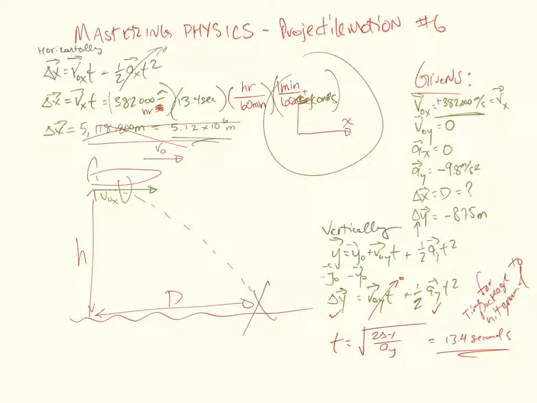And if you notice now, my units work out: seconds, minutes, hours, and then I'll get an answer in meters. So it's actually going to be 382.123 times 13.4 times 1 divided by 60 divided by 60.